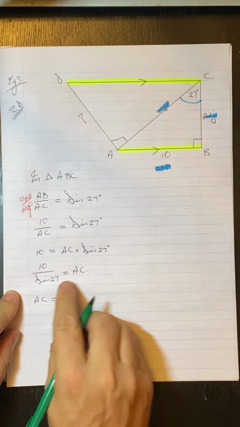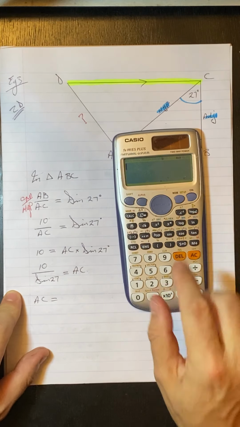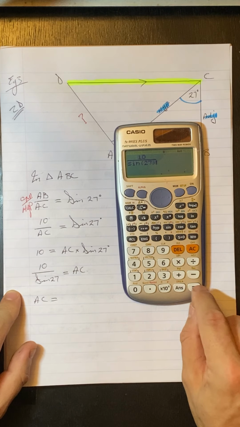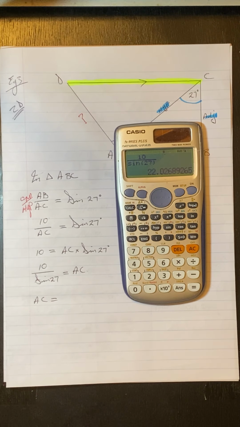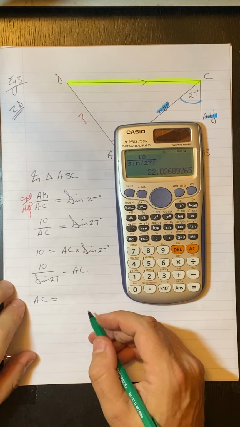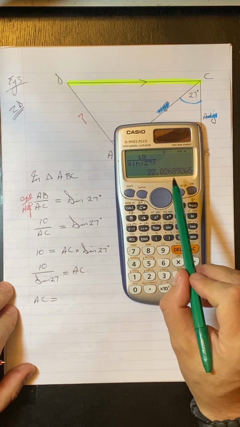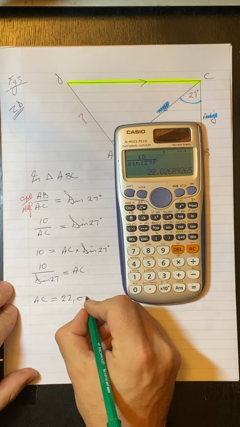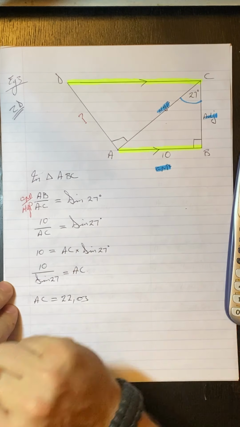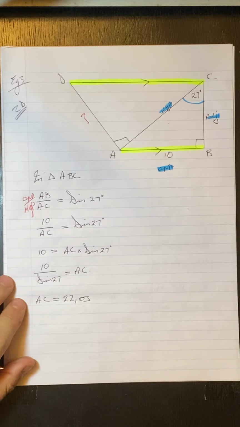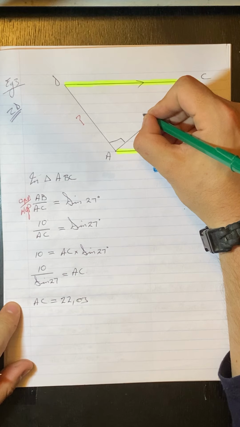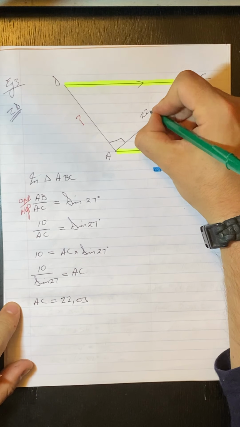Put this on the calculator and we can solve for that. So we get 10 over sine 27, and round that off to 2 decimals, we're going to get 22.03. And don't worry about the units because they haven't given us any units. Now I know the length of this AC side, which is 22.03.